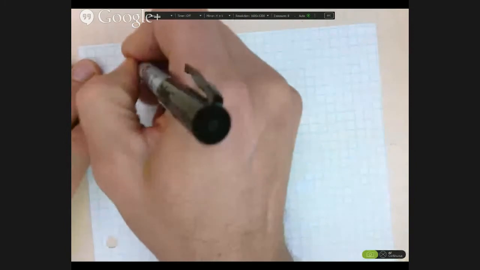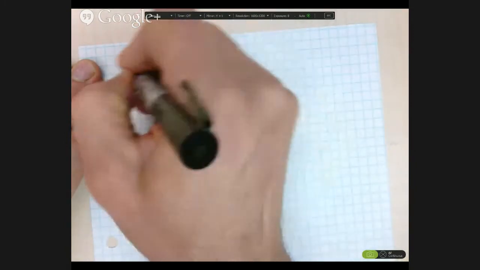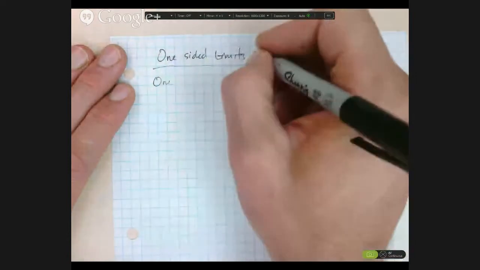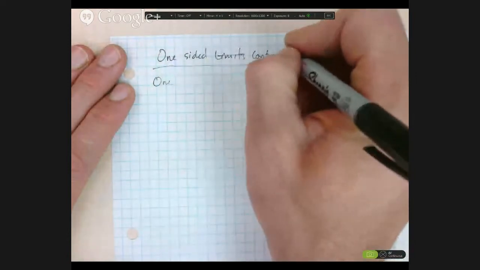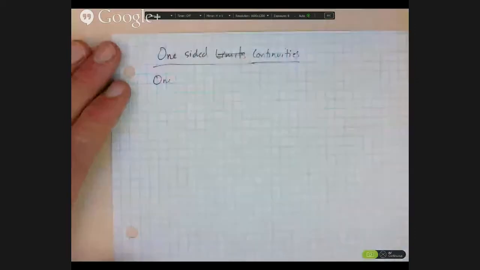All right. Let's look at one-sided limits. Okay, or sorry. Those are one-sided continuities. We've already gone over one-sided limits.